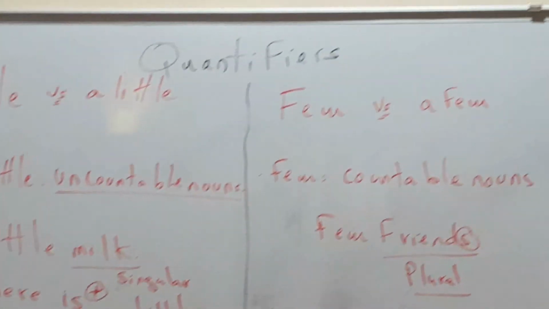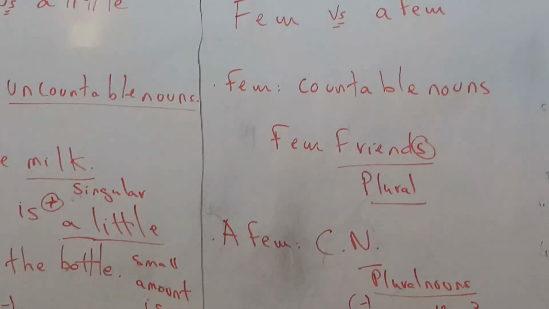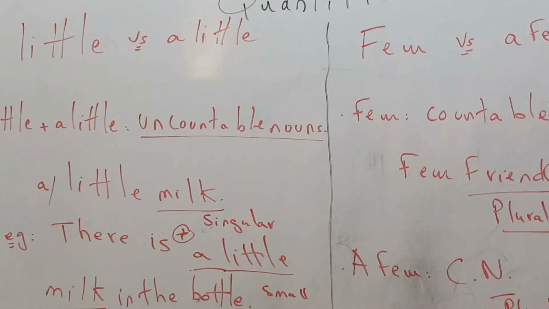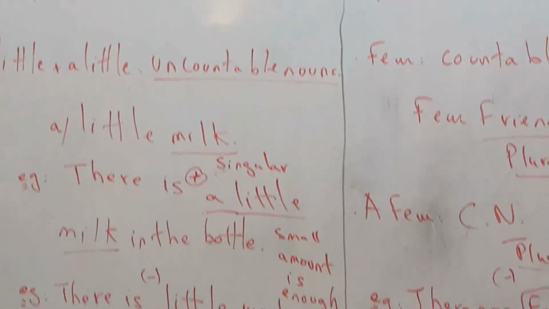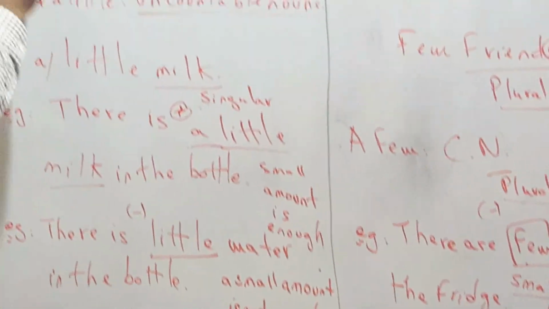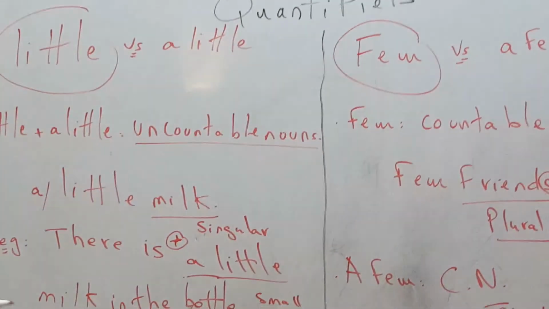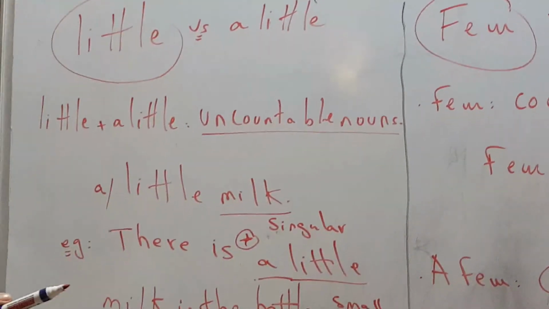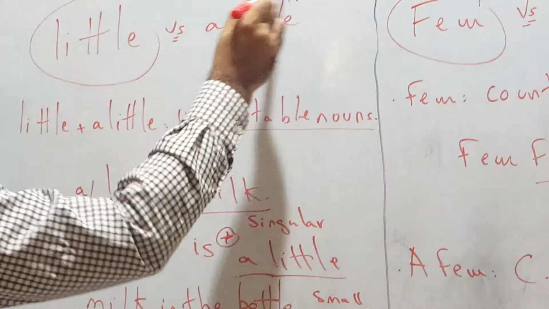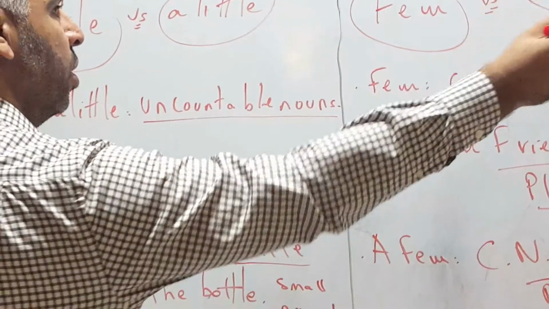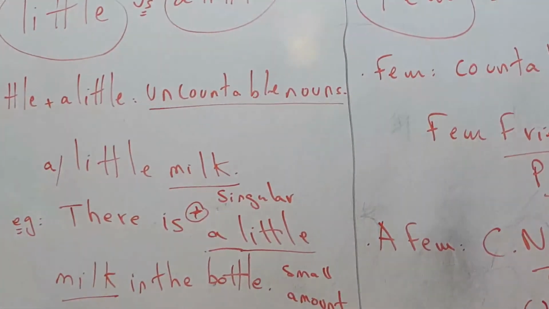So you can see now the difference and the common points between few and a few, little and a little. You can say that we use little and few to express dissatisfaction with the small amount, while we use a little and a few to express satisfaction for the small amount.